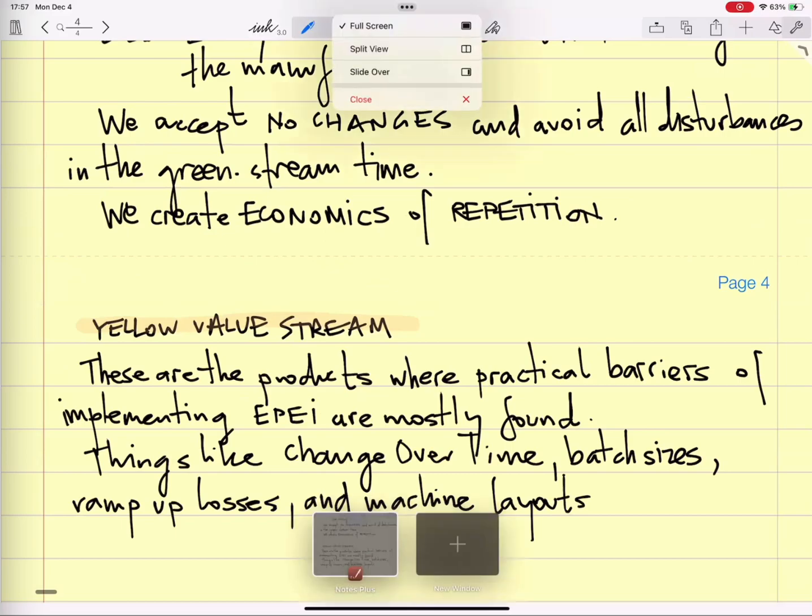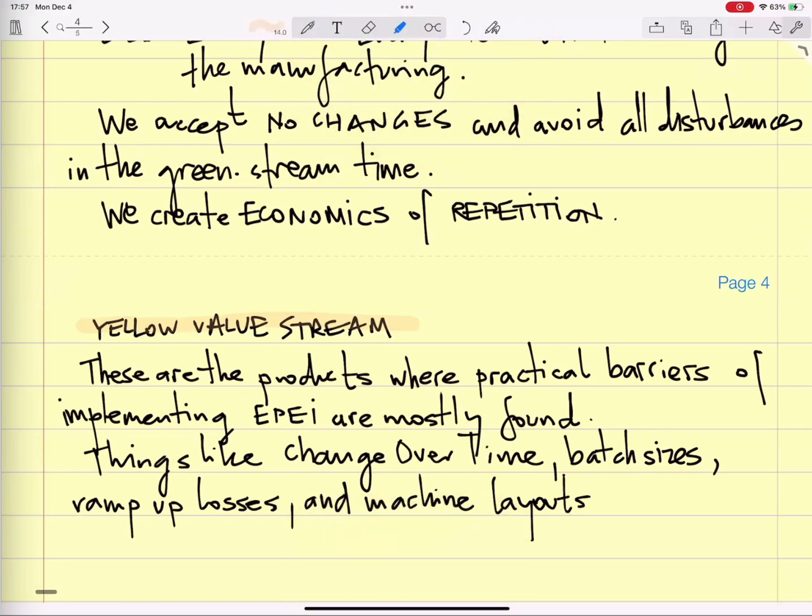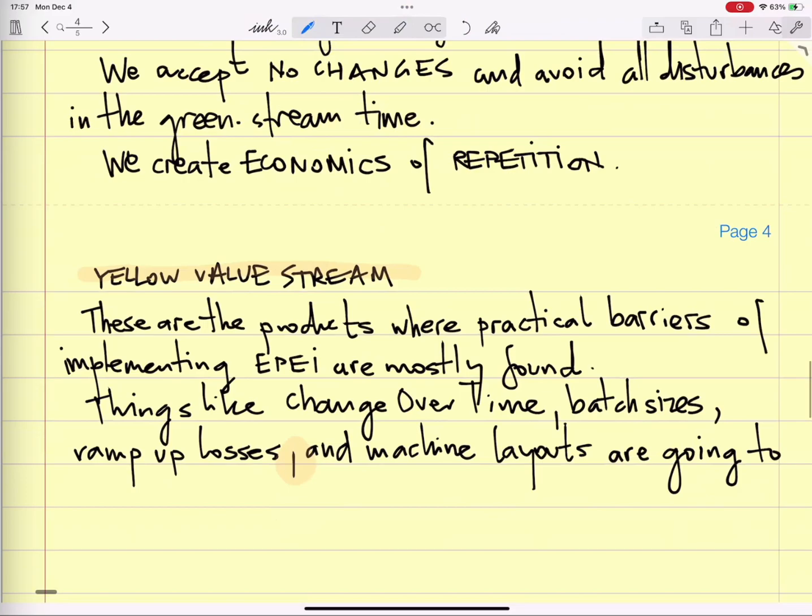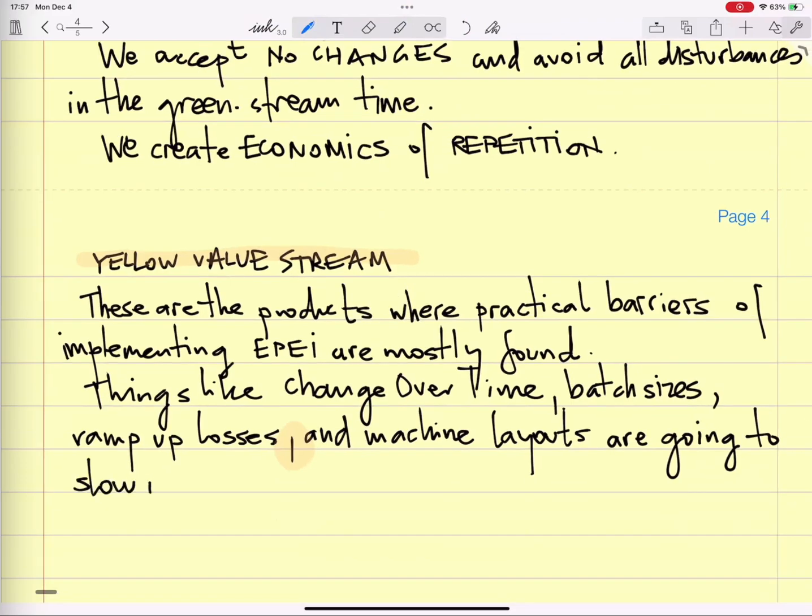Be careful with this comma, okay, this is important. It's not a closed list. Are going to slow us down. Okay.